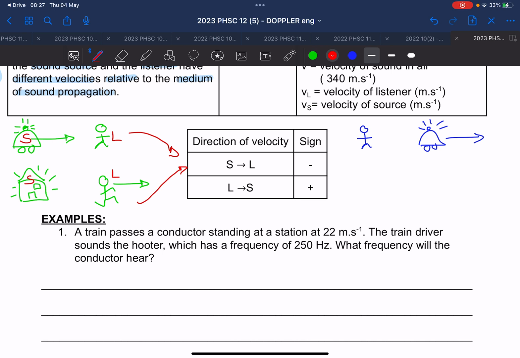So we have our listener there and our source there. You can see the source moves away from the listener, so it's in that direction. Listener, source, that direction. L comes before S in the alphabet. So it's the positive one, that one.